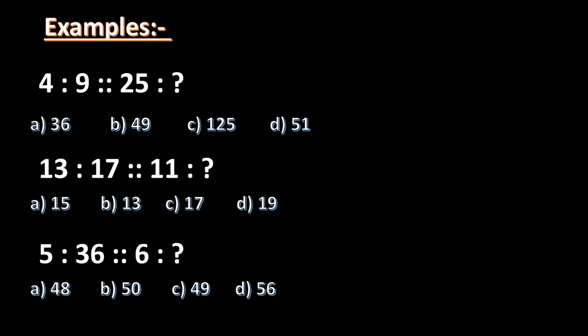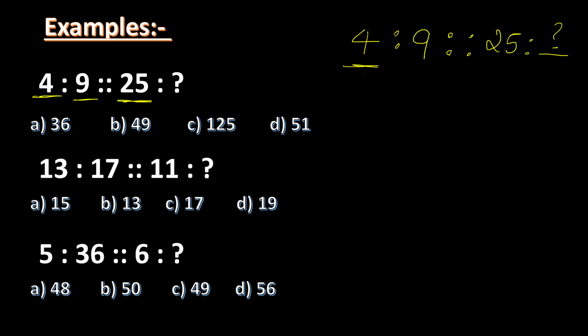You have 4, 9, then 25. In the priority list, the first priority was prime numbers, and the second was square. So 4 is to 9, then 25 is to what? This you need to find out.